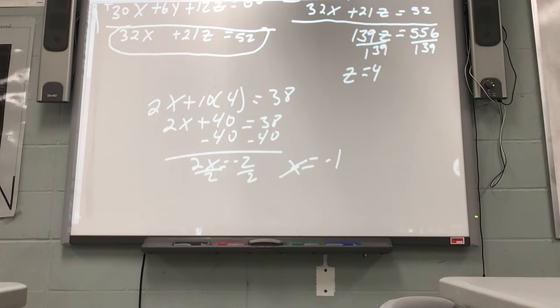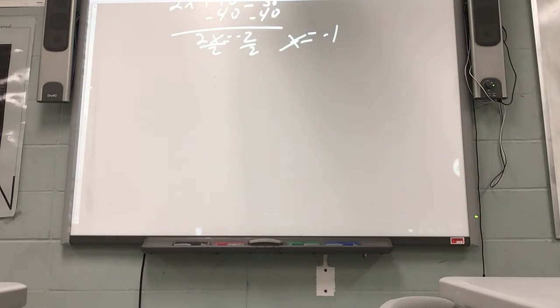Alright, so I got 5x and my x is -1. I don't know my y, so plus y plus 2z, and our z was 4, is equal to 10. Alright, so do your multiplying where you substituted your stuff in.